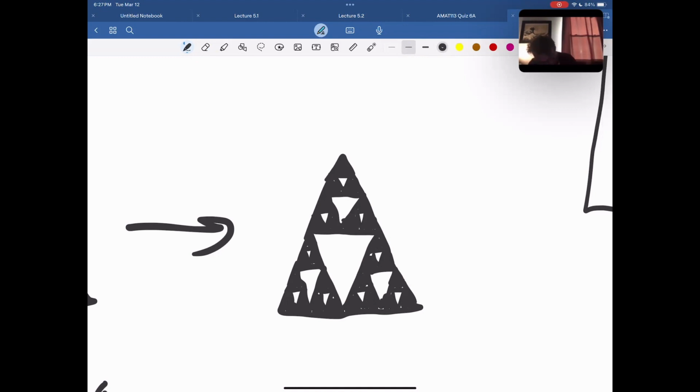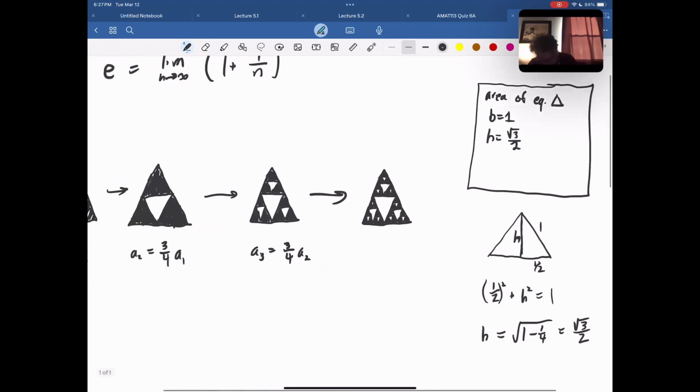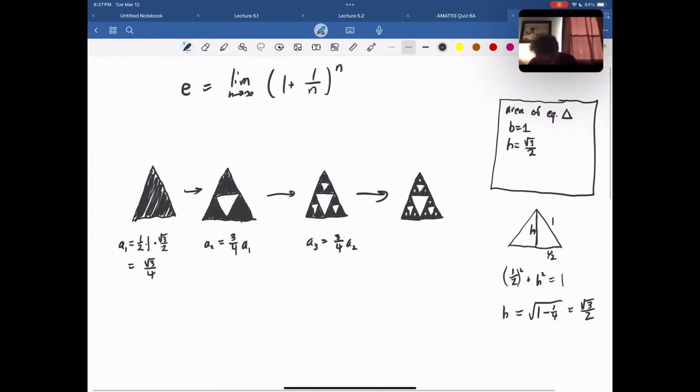There we go. That looks okay. I suppose those triangles could look a little larger, but you can imagine that the area of this thing is going to be exactly 3/4 of the previous one.